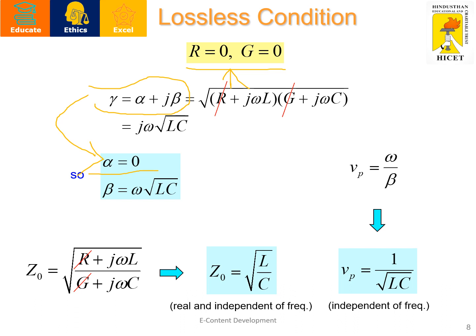Based on these conditions, I can state the expression as a lossless one by substituting these two conditions. Based on this, I am getting Z0 equal to root of L by C, whereas phase velocity equals 1 by root LC. The important thing is it is independent of frequency. Then only you can call it a lossless condition.